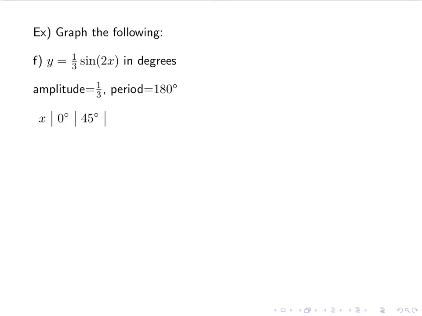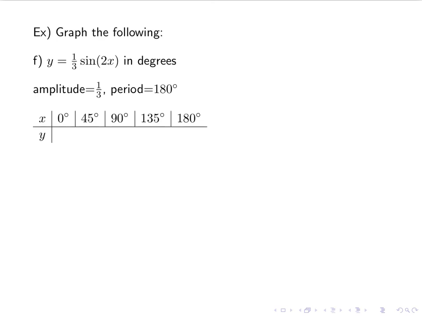The next one is either twice that or half of the period. In either case, that gives us 90 degrees. And then we get 3/4 of the period, which is 3 of our quarter, which is 45, so 3 45s. Gives us 135 degrees. And then our fifth point is our period, 180.